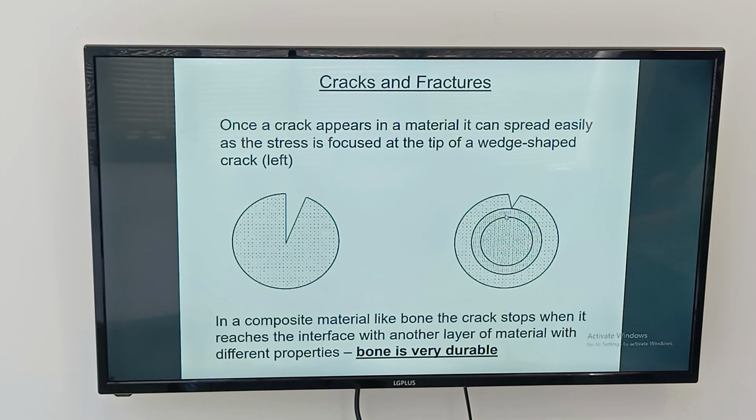This will stop when facing another layer of materials of different properties. If more force is applied, the crack will increase, but it will interface with another more rigid layer and so on, of course. And that's why the bone of the human body is extremely rigid and durable.